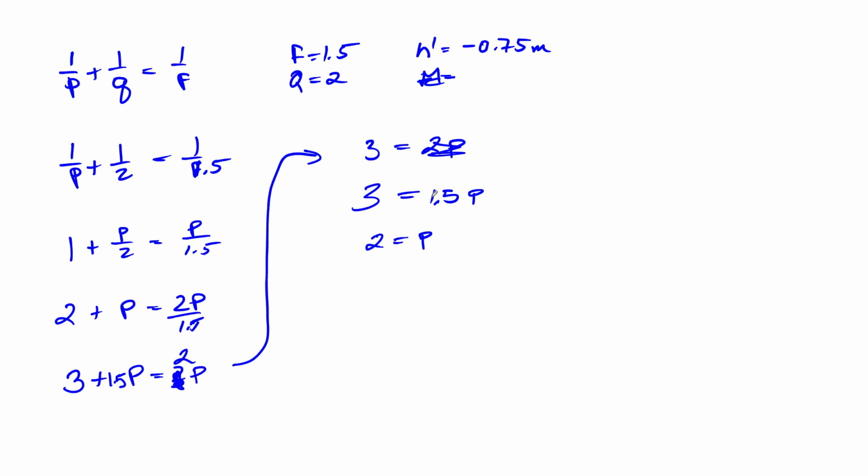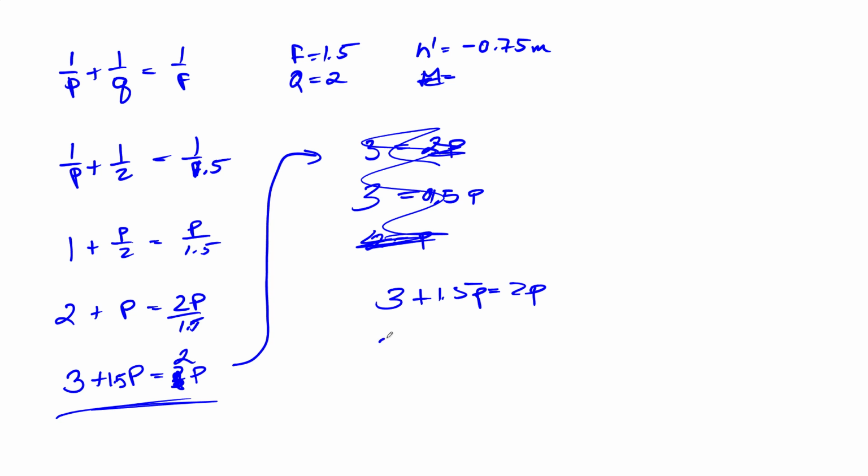There we go. It's 0.5. And there's my mistake right here. Be careful, guys. So this is 3 plus 1.5 is equal to 2P. Subtract 1.5 from each side. You're going to have 0.5P. Divide both sides by 0.5. You're going to have P is equal to 6.